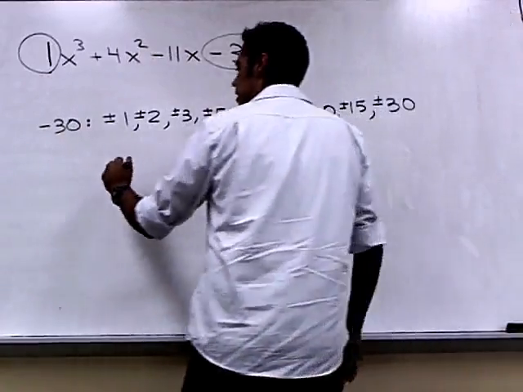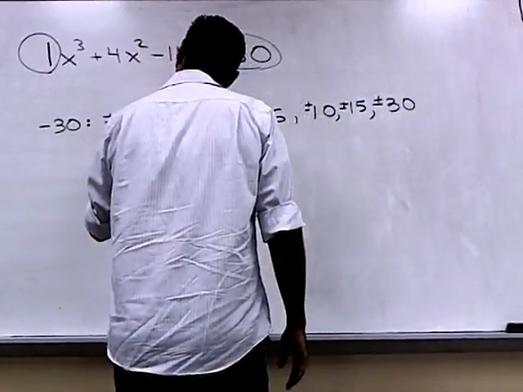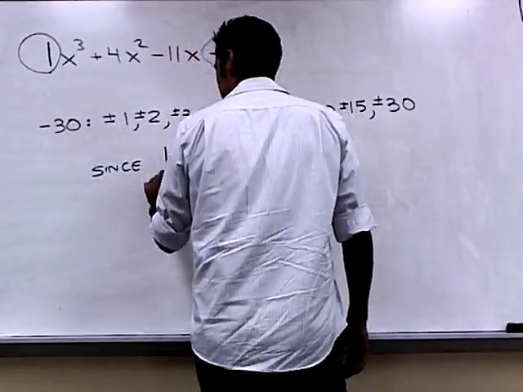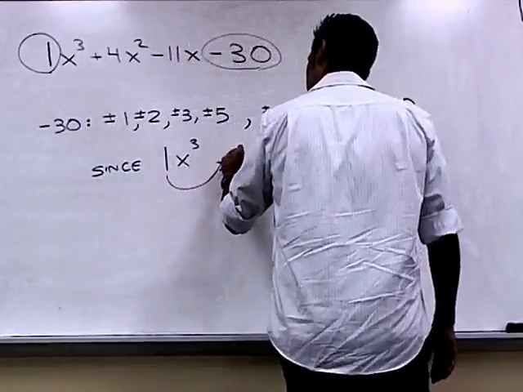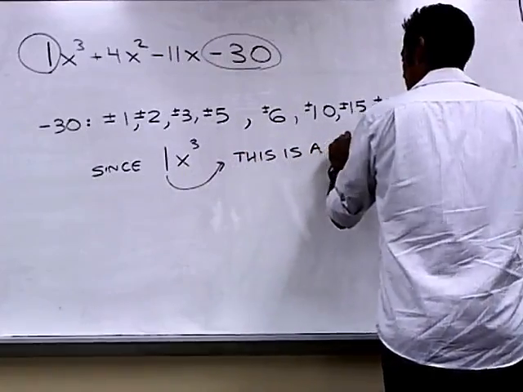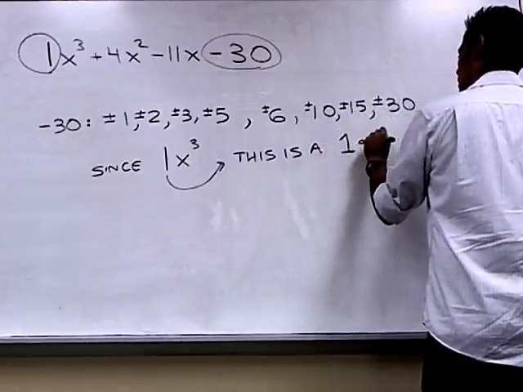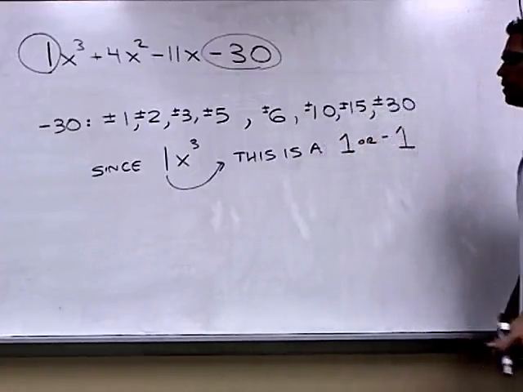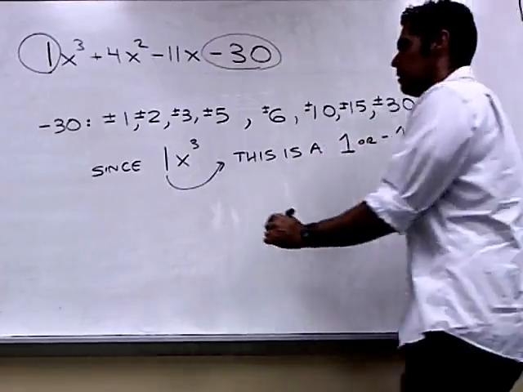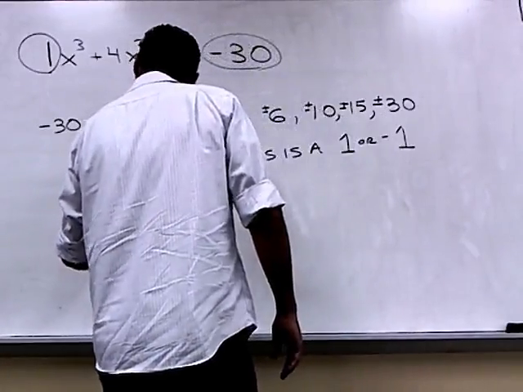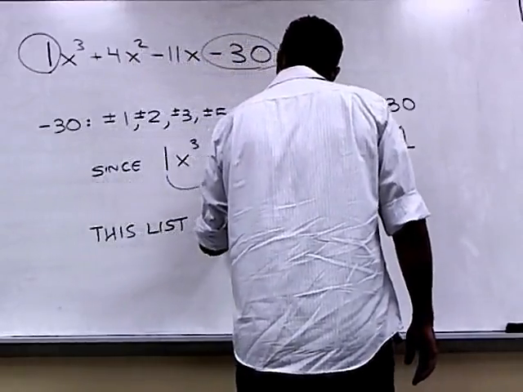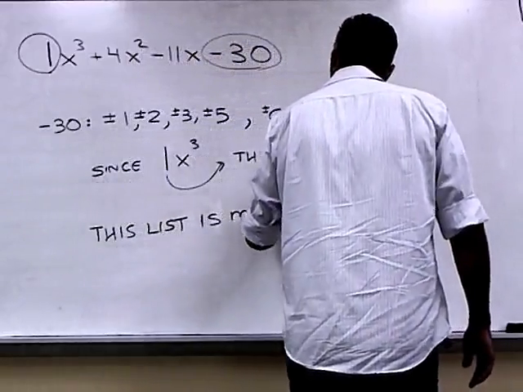So since we have 1x cubed, and since that number in front is a 1 or a negative 1, then this list is my final list.